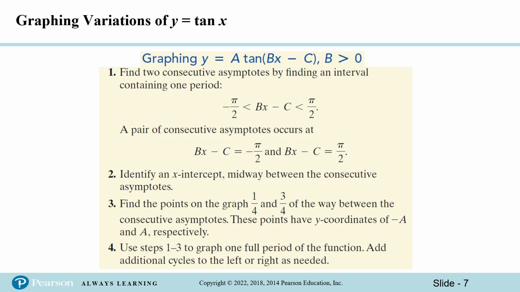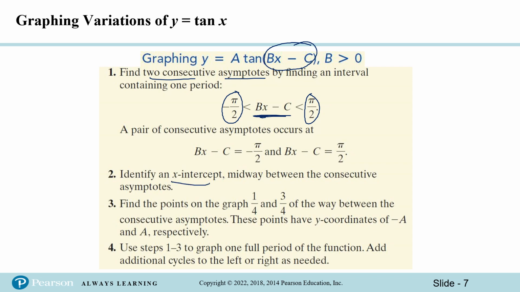So how do you graph the tangent? Well, first thing you do is find 2 consecutive asymptotes by putting this right here between pi over 2 and negative pi over 2 and solve. Next thing you want to do is find your x-intercept.